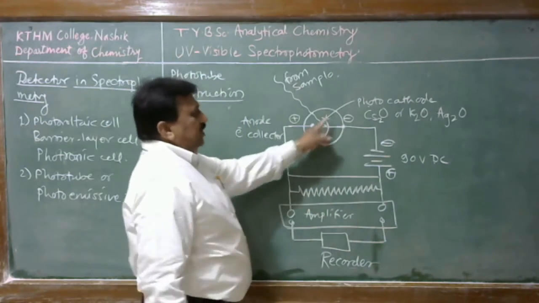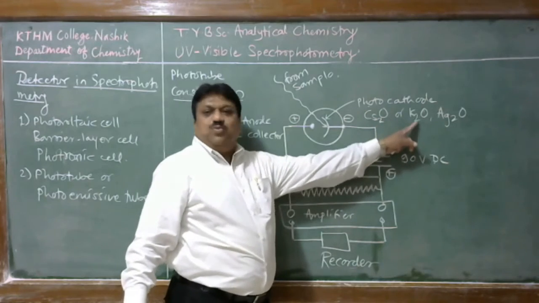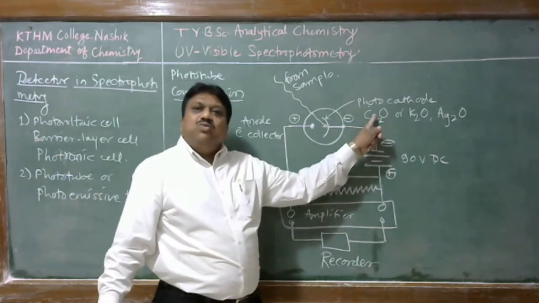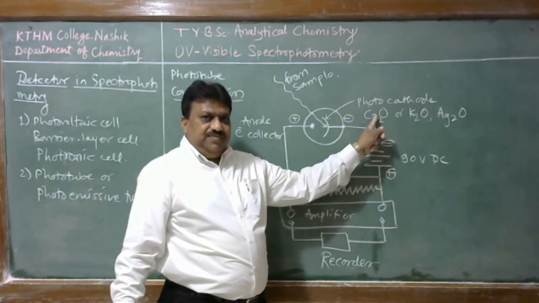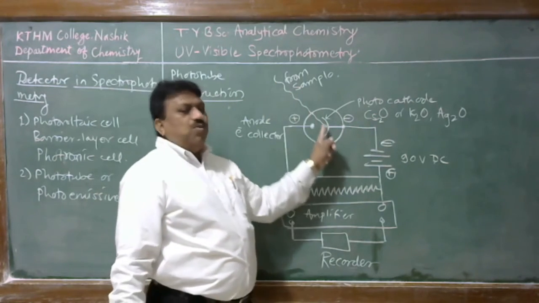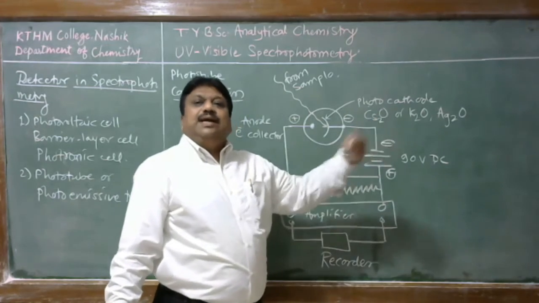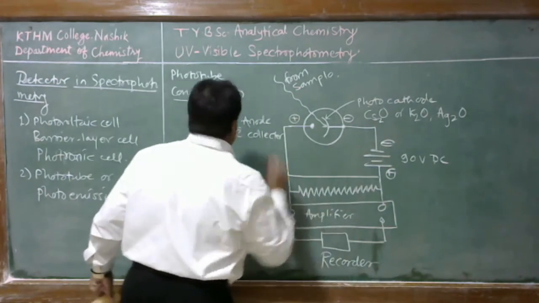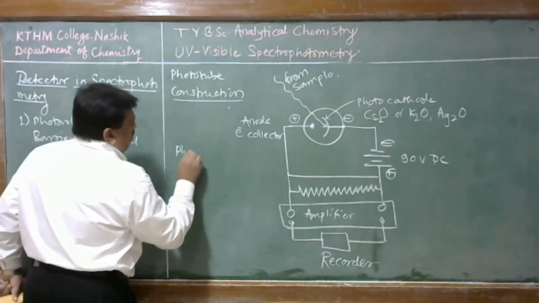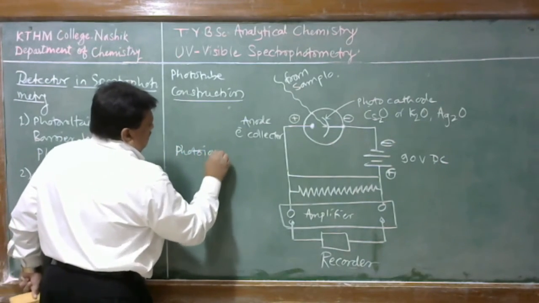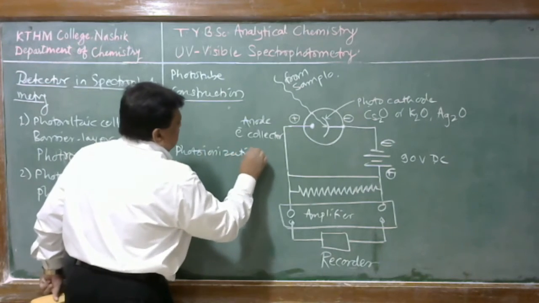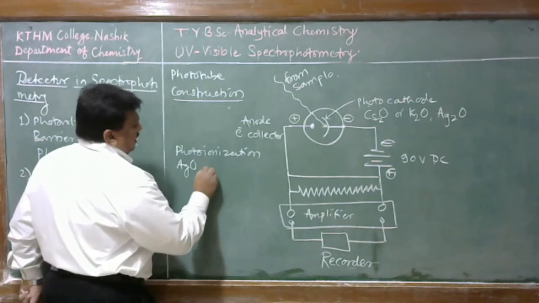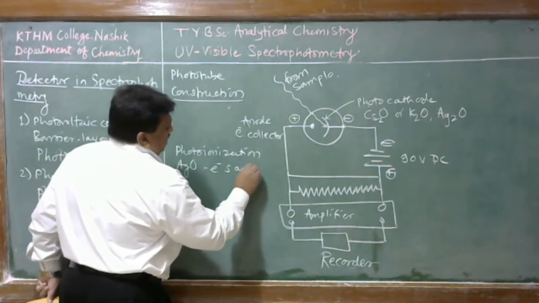This material has low ionization potential. That means when radiant power falls on this material, it undergoes ionization, and electrons are generated because of photoionization of this silver oxide or cesium oxide.